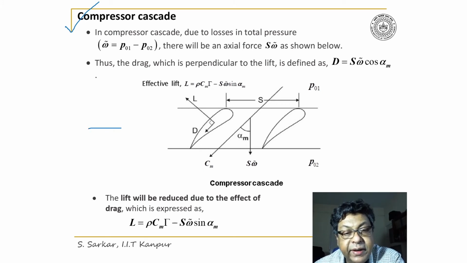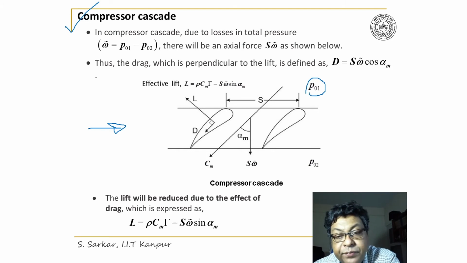I have indicated here the sketch of a compressor cascade where the flow will be deflected through the blade, and as it passes through the blade, it will be decelerated, and therefore the pressure at exit will be higher than that of the inlet. However, I have indicated here total pressure at inlet is P01 and that at exit is P02.